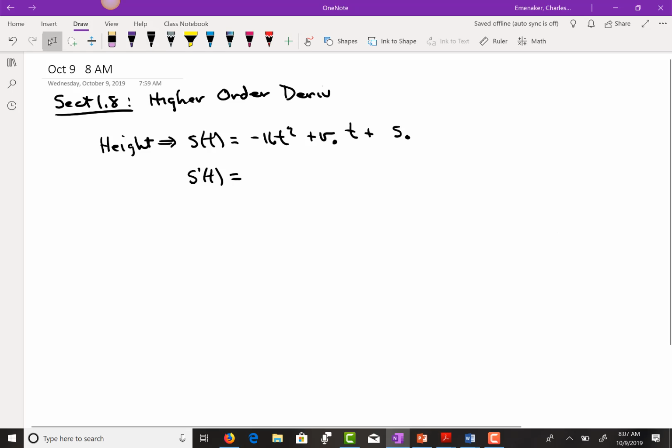Let's say you have some data, time and height. At 0 seconds, it's 6 feet. At 1 second, it's 30 feet. At 2 seconds, it's, say, 48 feet. At 3 seconds, it's, let's say 55 feet.